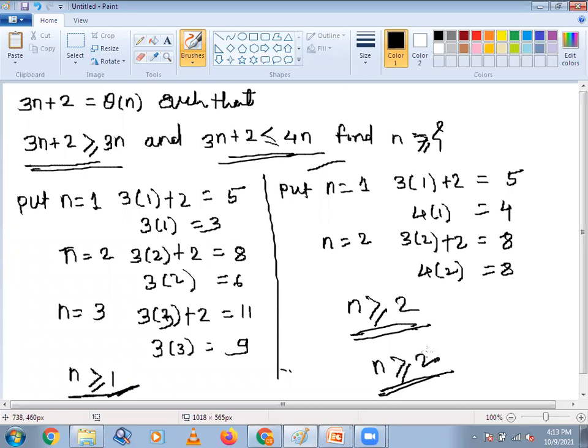You have to find the value of n by checking only one condition, but here you have to check both cases, less than or equal to and greater than or equal to, find the values of n for both cases and take the common values of n. So this equation is always satisfied for n greater than or equal to 2. Okay.